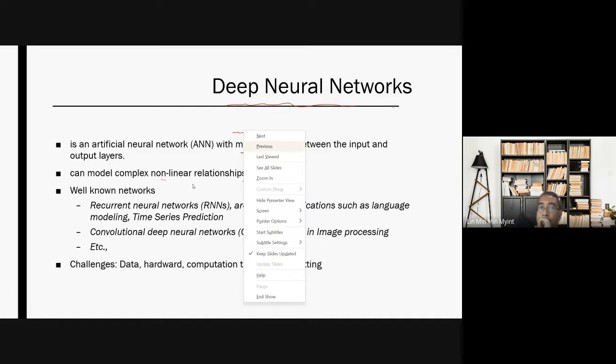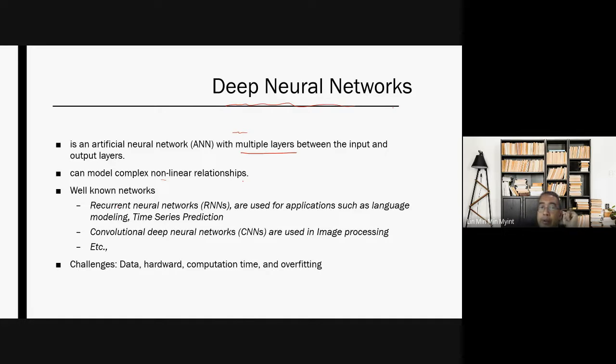Another well-known one is the recurrent neural network, normally applied for natural language processing or speech recognition, and also for time series predictions. There are various versions of the RNN, which I will discuss next week.